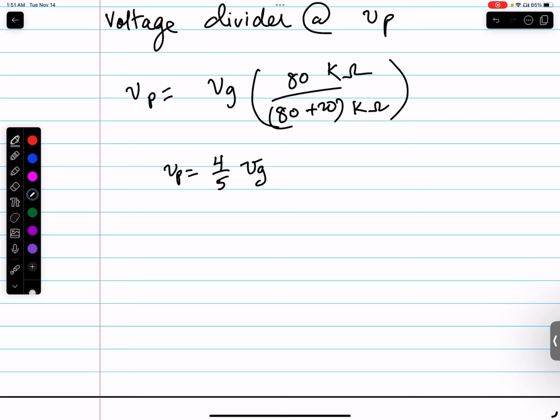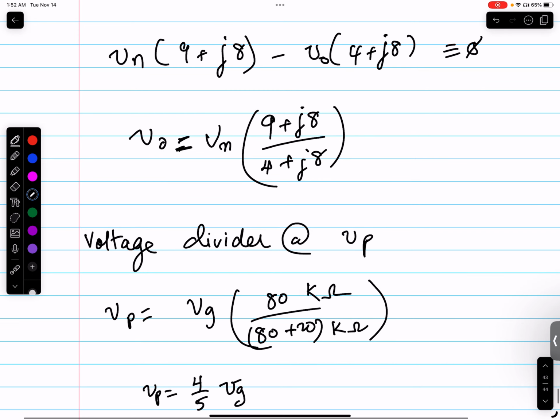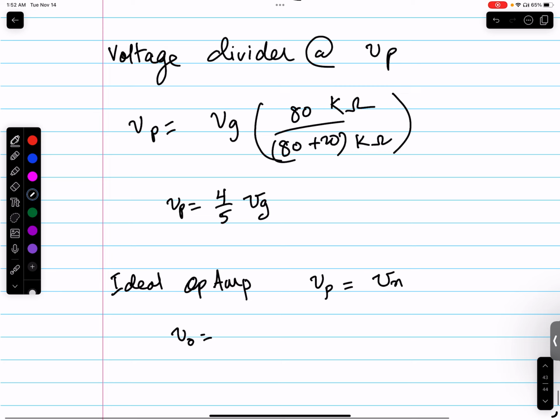Now Vp, by the ideal op amp, means Vp equals Vn. Remember, Vp equals Vn. So V output, we just found out, is 9 plus j8 by 4 plus j8 times Vp.